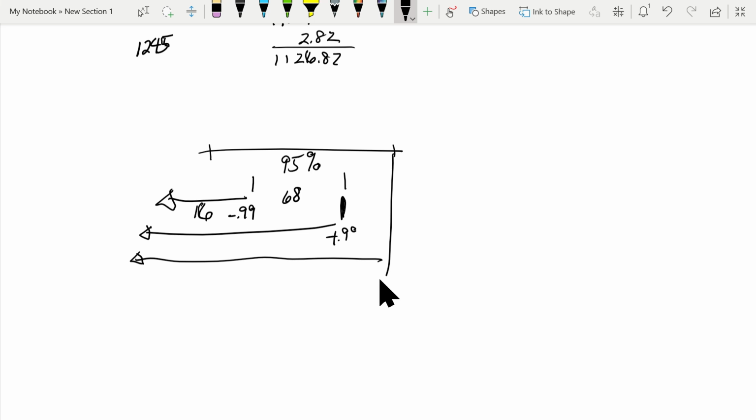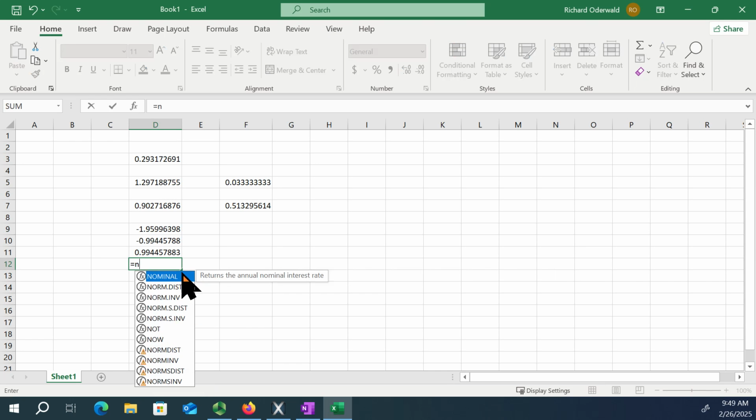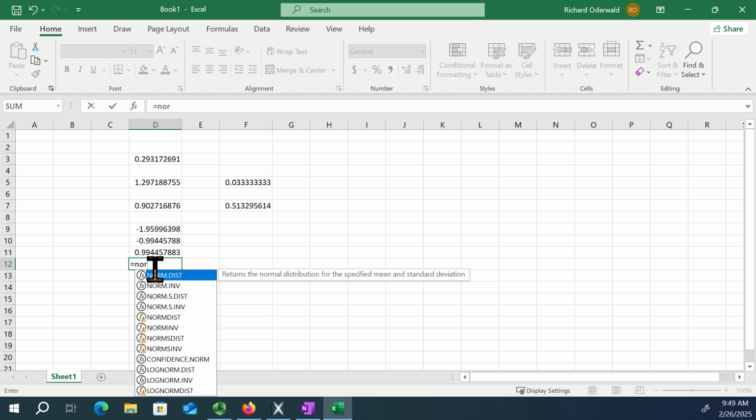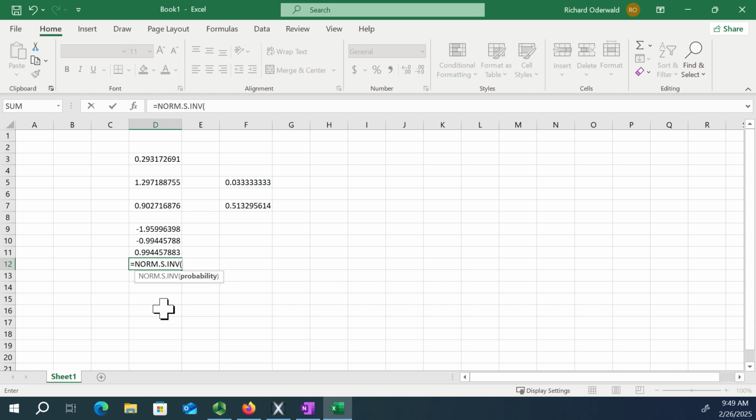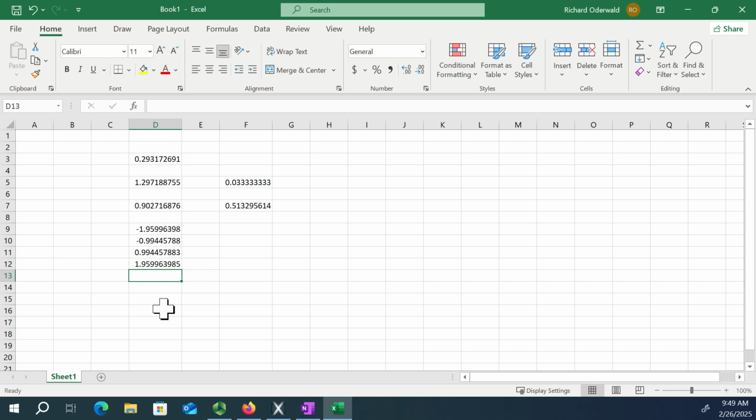What do I look up on this end? I have to look up 97.5. And I'm going to get the same thing as I got for 2.5 on the other end, except it's going to be positive. Equals norm.s.inv 0.975, and I get the same thing at 97.5 as I got at 2.5.